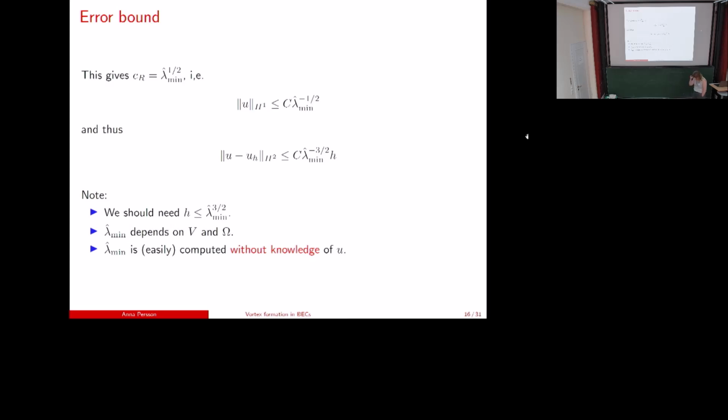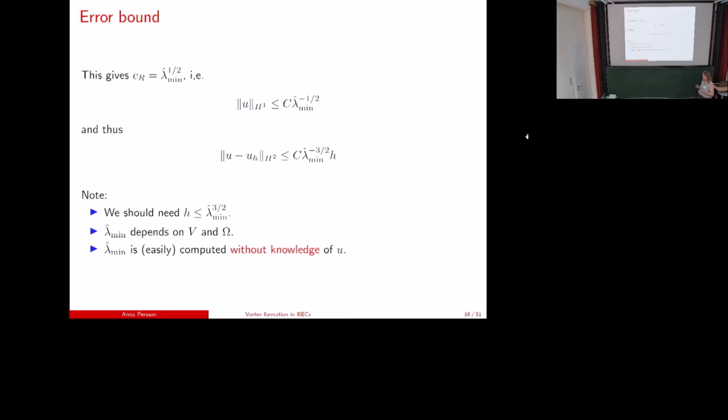What is good to note here is that this minimal eigenvalue depends on your trapping potential and your rotational speed. Of course, it connects them through this R norm. And it's easily computed, and you don't have to have knowledge of U, of course.